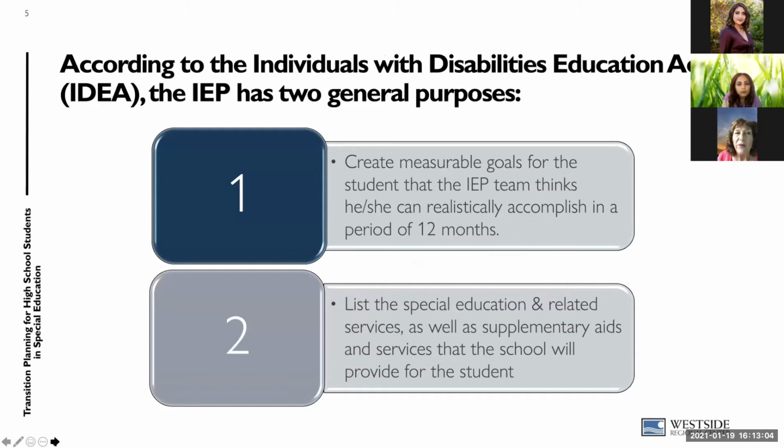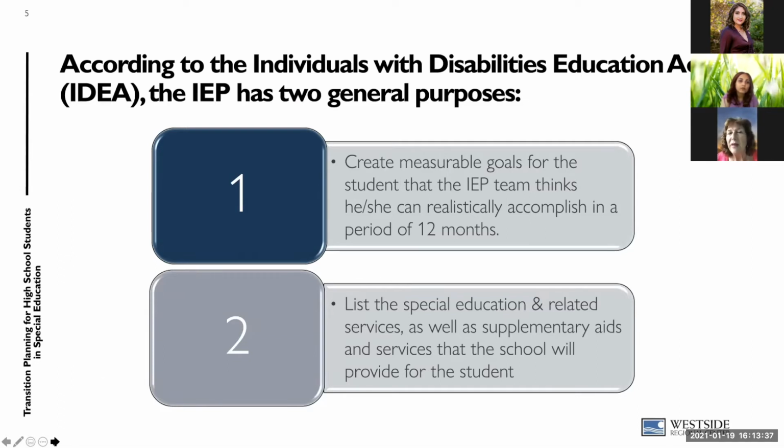Again, we create measurable goals. They have to be realistic and they have to be met in a year. If the goals are written down in the IEP document and the document is signed, and there are services required for the goals, for example speech services or occupational therapy, and those services aren't being provided, there is a compliance mechanism you can use to make sure the support is received.